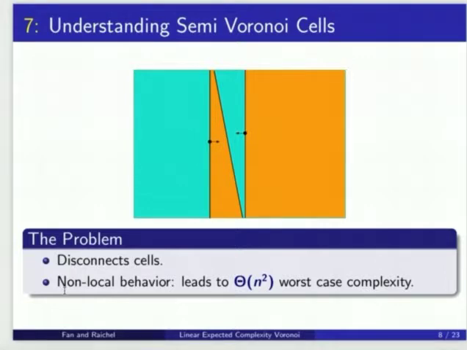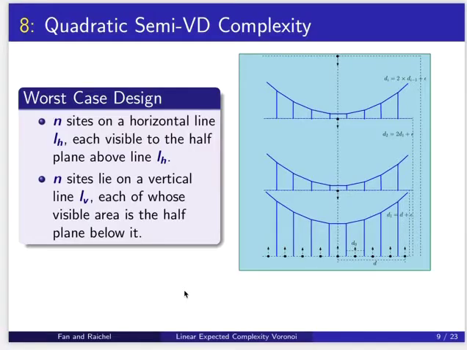The left set is visible to the right half plane, and the right set is visible to the left half plane, and each of them controls two disjoint cells. This non-local behavior may lead to quadratic worst-case complexity.